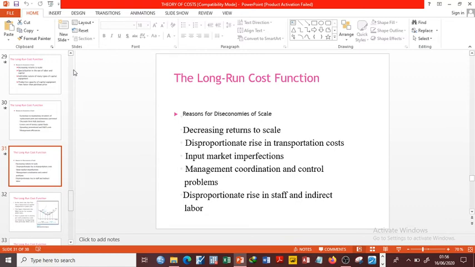Why? Because the more you increase the number of workers, the more you have to pay them salary. This will increase the costs, and at the end of the day these costs may outweigh your revenue. And if you don't reduce the number of workers that you are recruiting or employing, it is going to dig into your pocket as a firm, and it will reduce your output and definitely your profits.